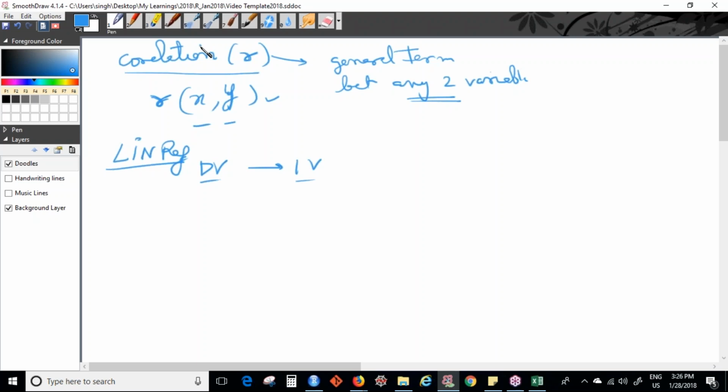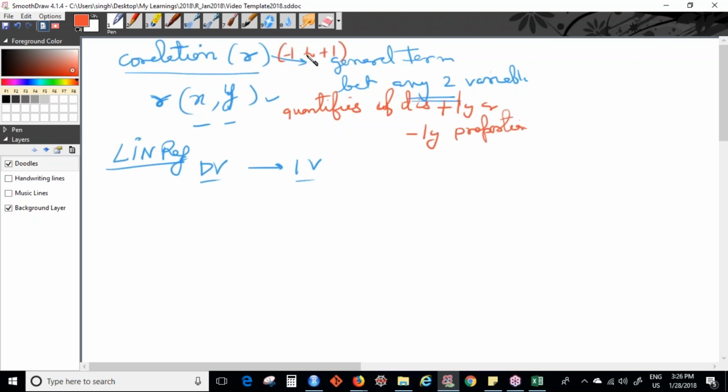So correlation just quantifies if it is positively or negatively proportional. It can go between -1 to +1.